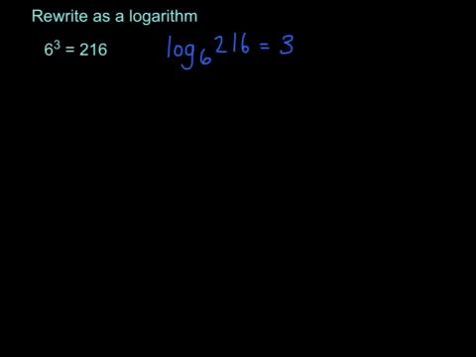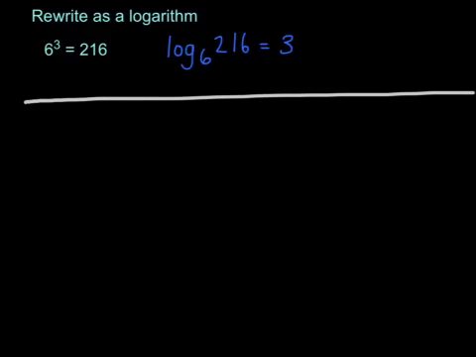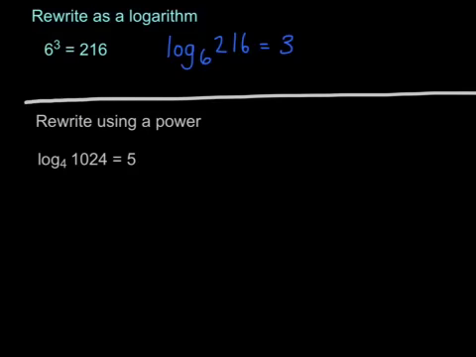Okay, let's do another question. We're going to rewrite that logarithm using a power. Same thing again. 4 to the power 5 gives us 1024.